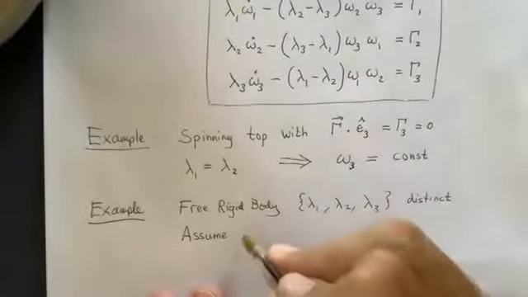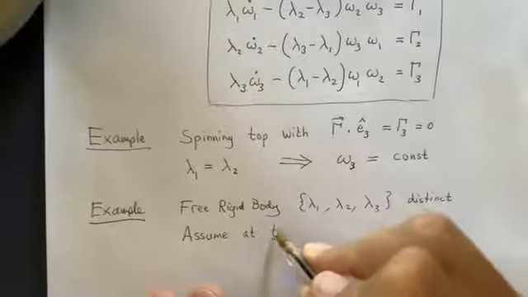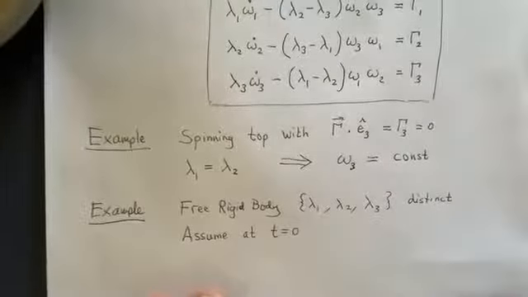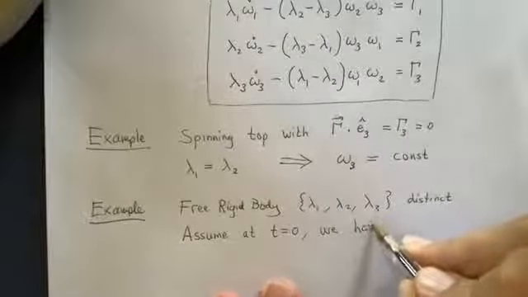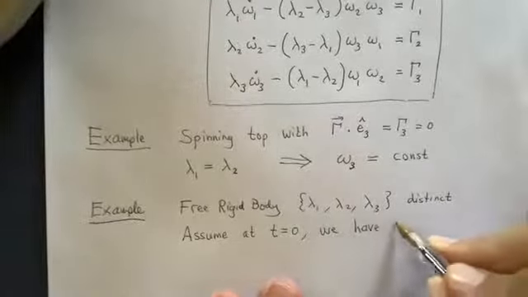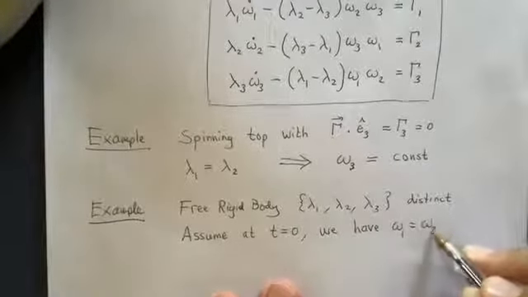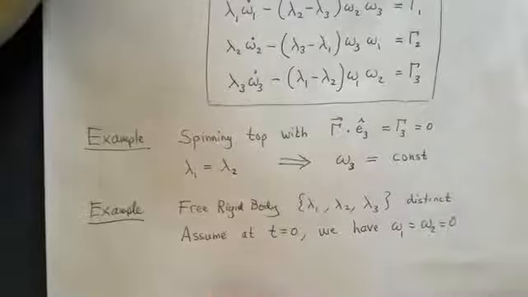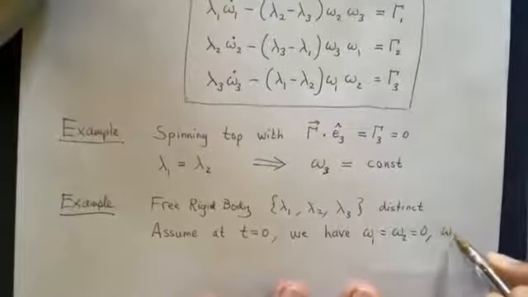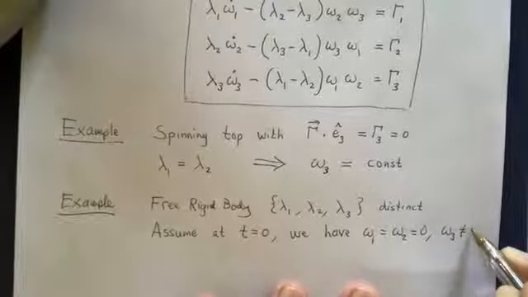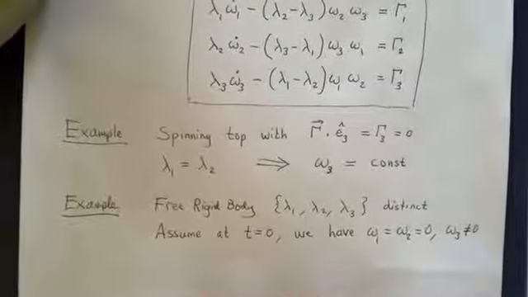So assume at t equals 0, we have an angular velocity vector that is purely along the number 3 axis. Okay, so omega 1 is 0, omega 2 is 0, and omega 3, let's have it be non-zero. Okay, so that says we have a non-zero omega 3.